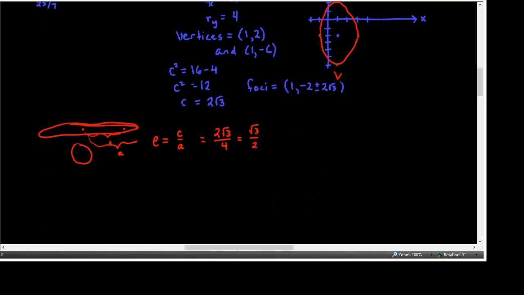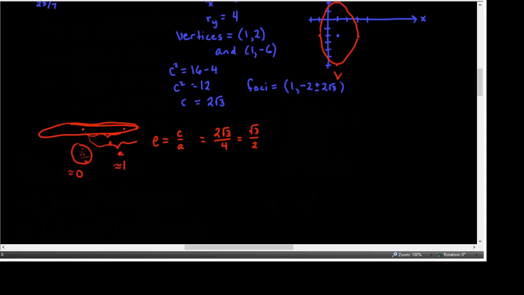And so C over A will be really close to 1 in that case. Whereas here in this one, C is really small and A is big. And so that C over A is really close to 0.